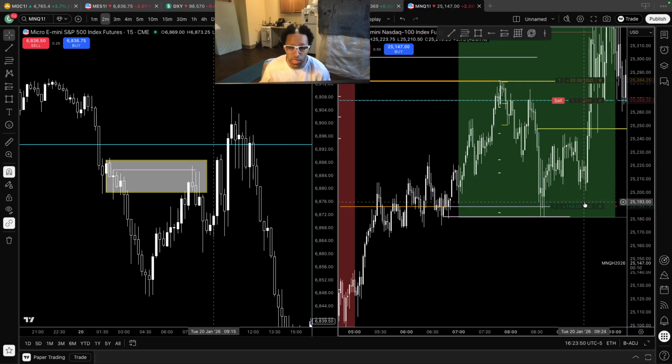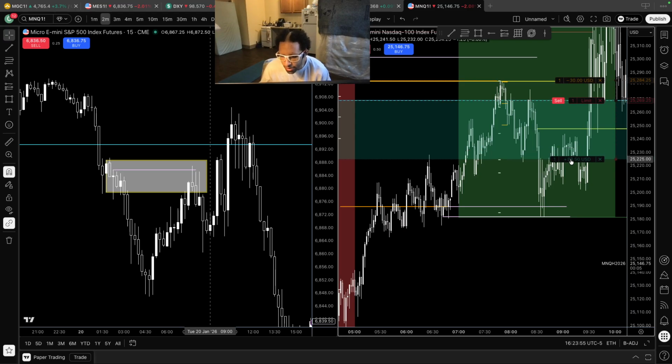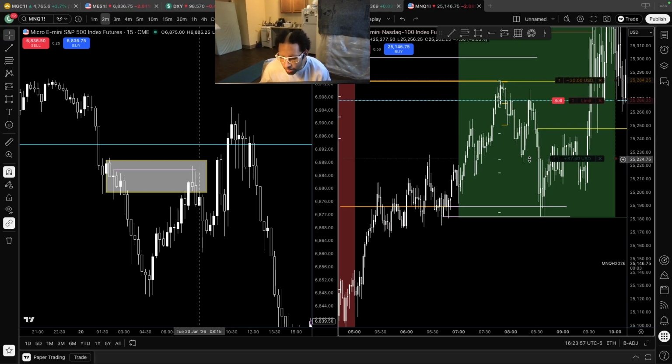That would have been sweet. If I was risking 2 contracts, I would have taken one off this first time right here, and then it retraced up here, and I probably would have got stopped out at break even.